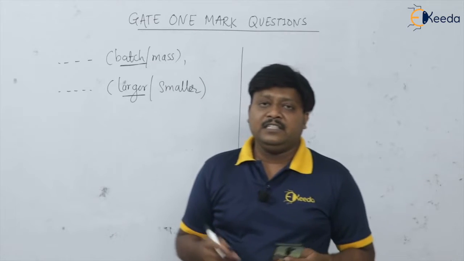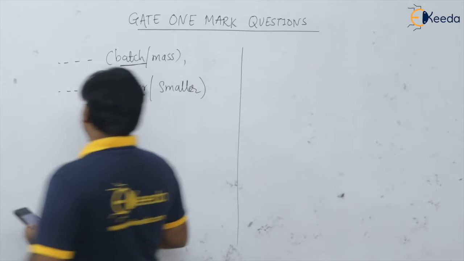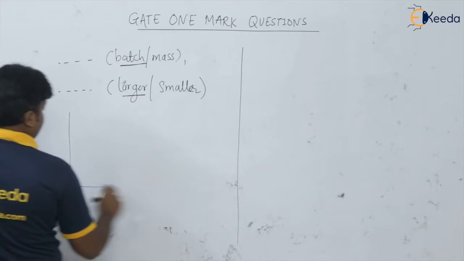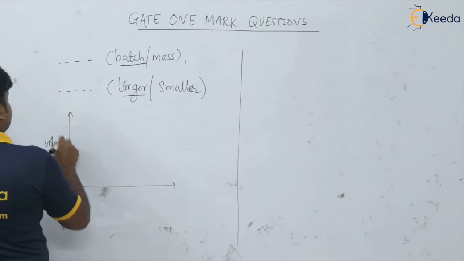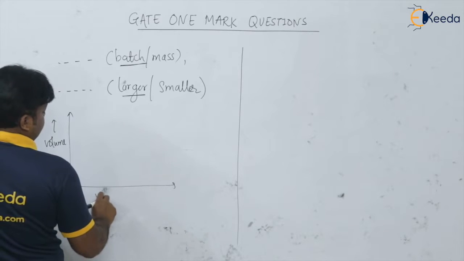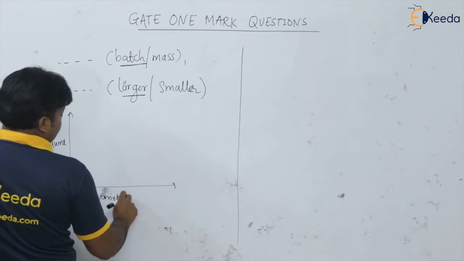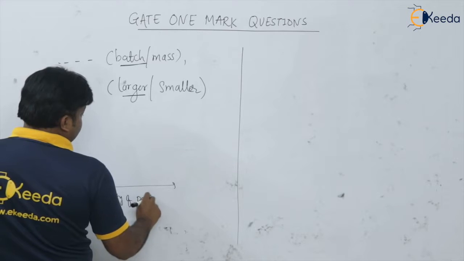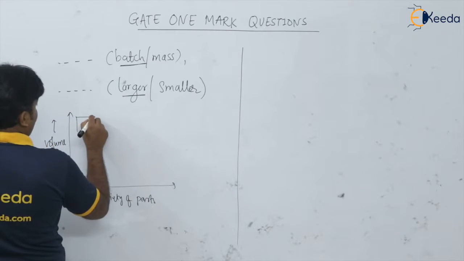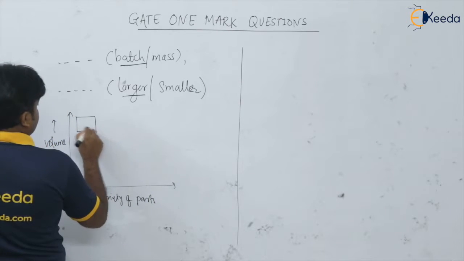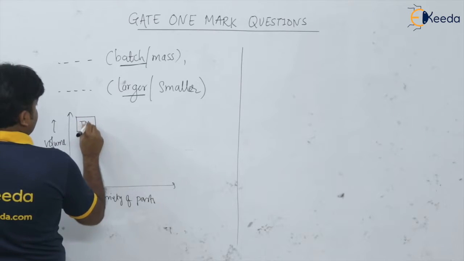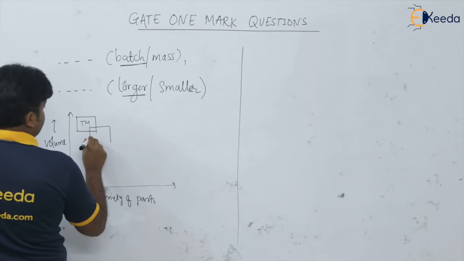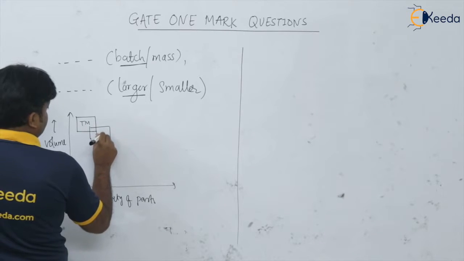production. We have seen the graph volume versus variety of parts. So in this graph, at the top we are having the transfer machines. Then we are having the special purpose machines.